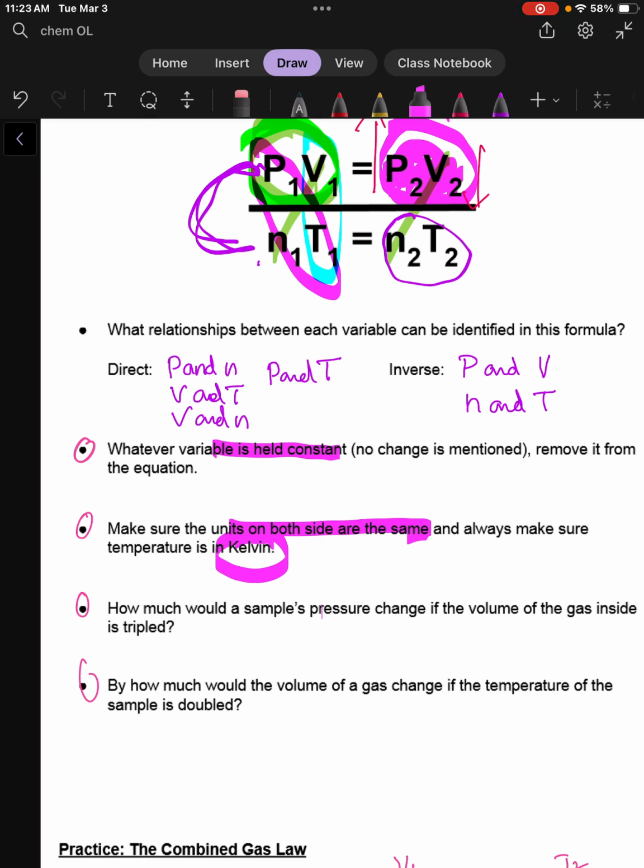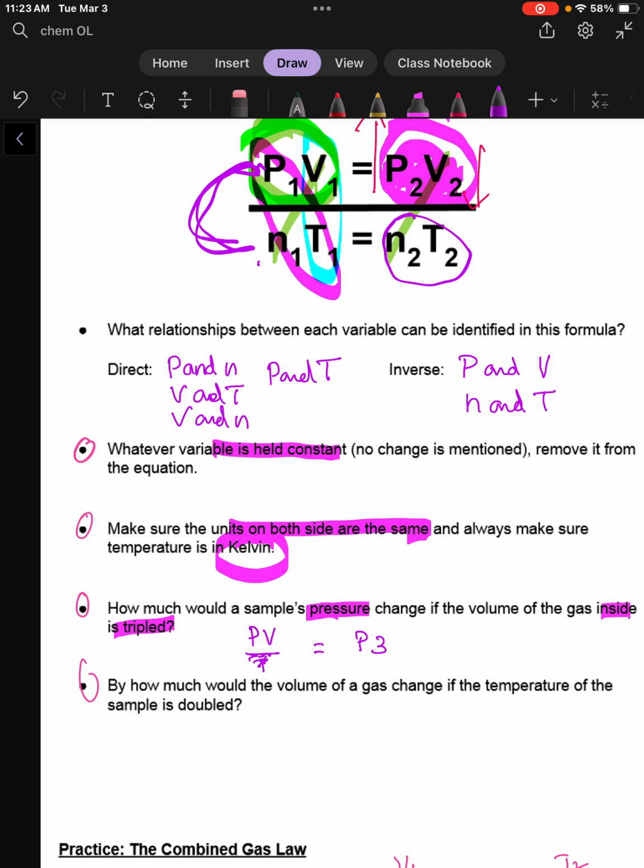So there is a question: how much would a sample's pressure change when the volume inside is tripled? We know the relation, or you can just write P V over T. The pressure we don't know, and they are not talking about temperature, so we don't need the temperature.